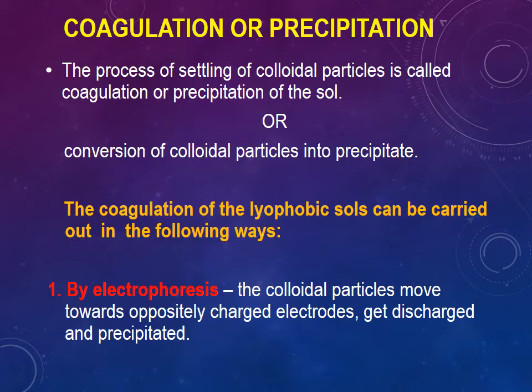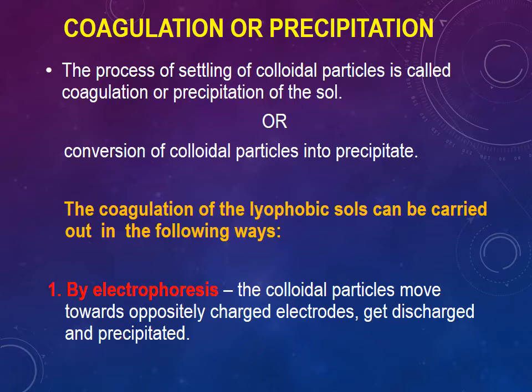The first method of coagulation of lyophobic sol is electrophoresis. In electrophoresis, the colloidal particles move towards the oppositely charged electrode. Then the colloidal particles discharge at that electrode and form a precipitate near that electrode.